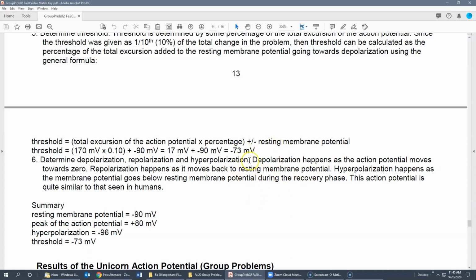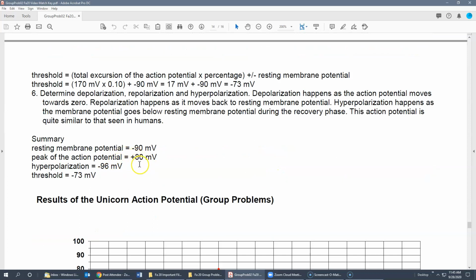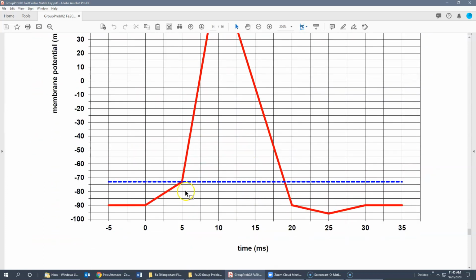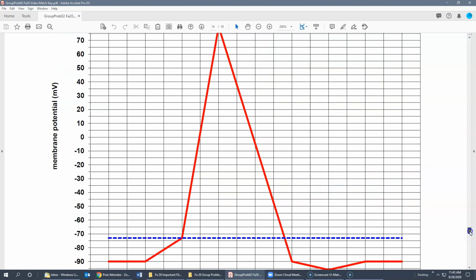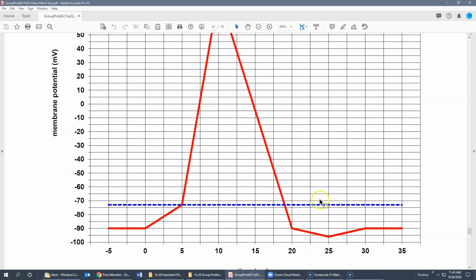So once you get that number, minus 73 millivolts is my threshold. Here's a nice summary here. And then you can just connect the points and figure out what the action potential looks like in the drawing. So we just put in minus 90, minus 73 for threshold, peak at positive 80, and then my hyperpolarization at minus 96, and a nice drawing.